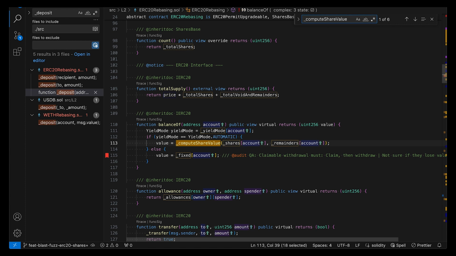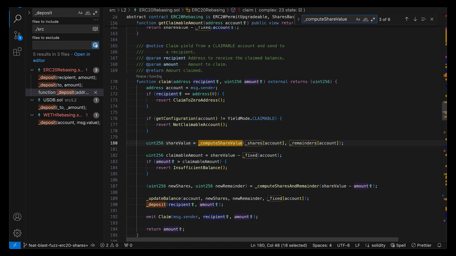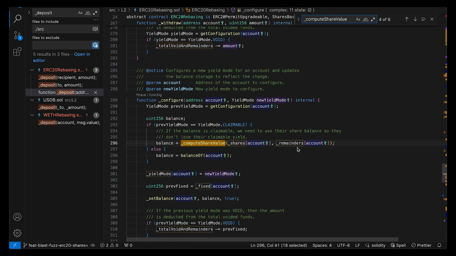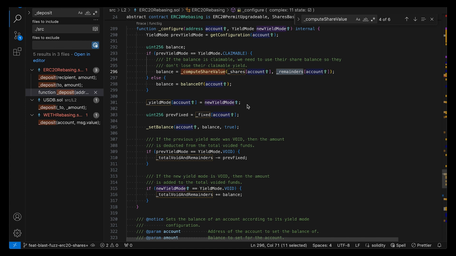And you can see how the logic here for each account basically multiplies the amount of shares that they have as well as their remainder. And we would also have this implicit property that a remainder would always be less than the value of a share by definition, unless you're in the void mode, because in that case you will surpass.